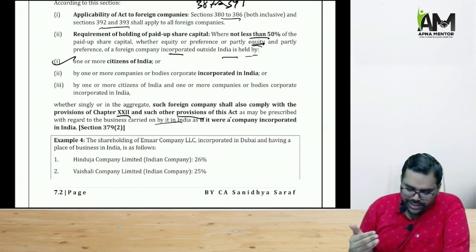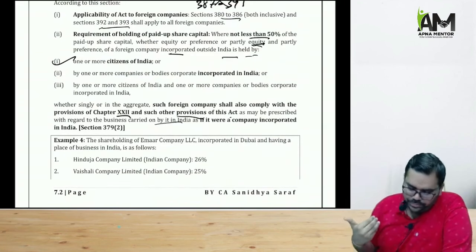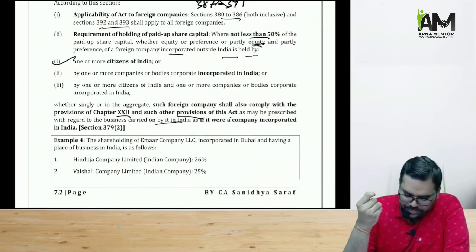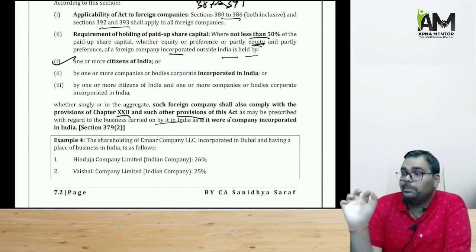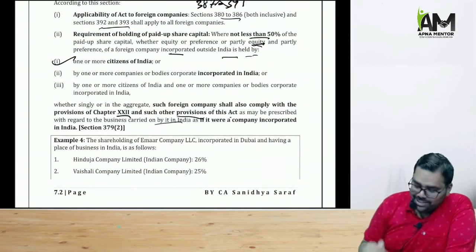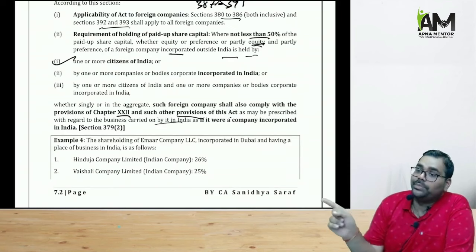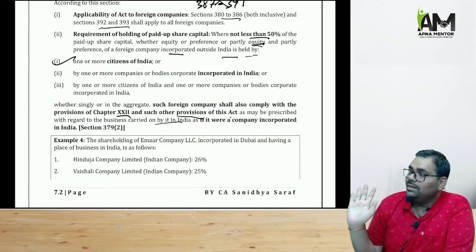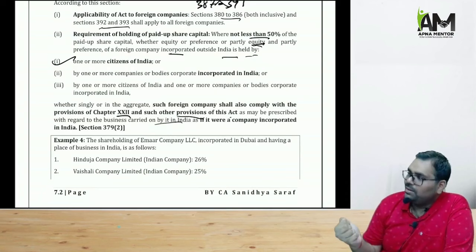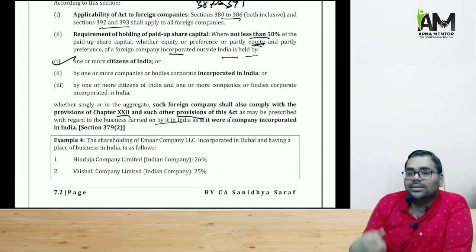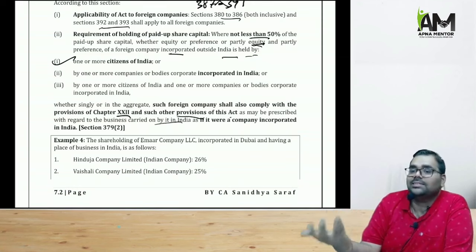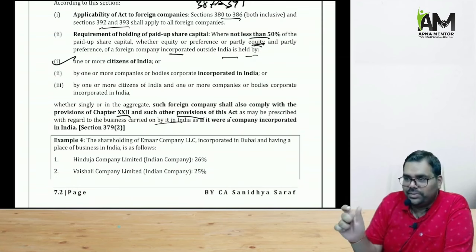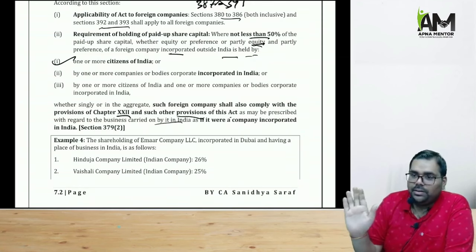Then provisions of the Company Act's sections will be applicable on them, and such other provisions as may be prescribed. It is not that currently the entire Companies Act applies to them, but the government has the power that if the government wants, it can make the entire Companies Act applicable to them. So that is why it is using the words as may be prescribed.